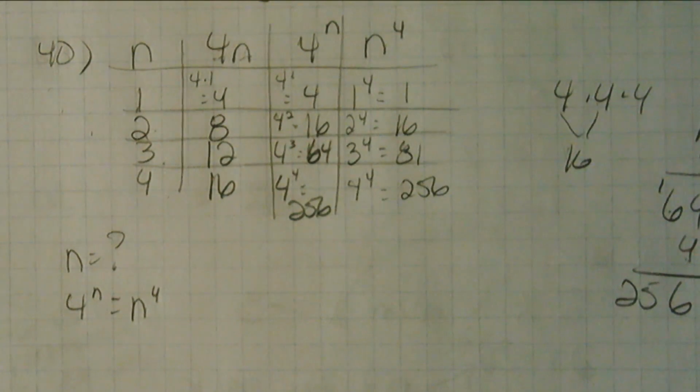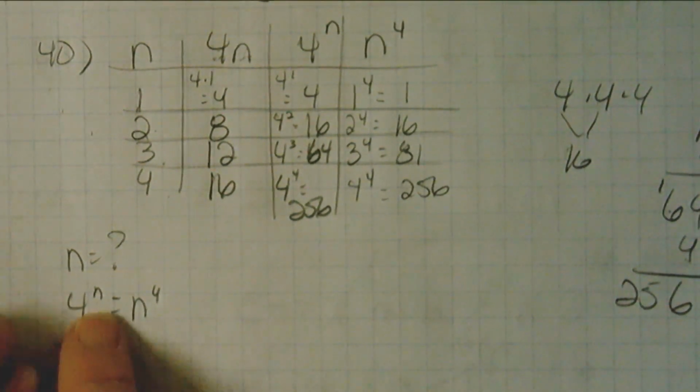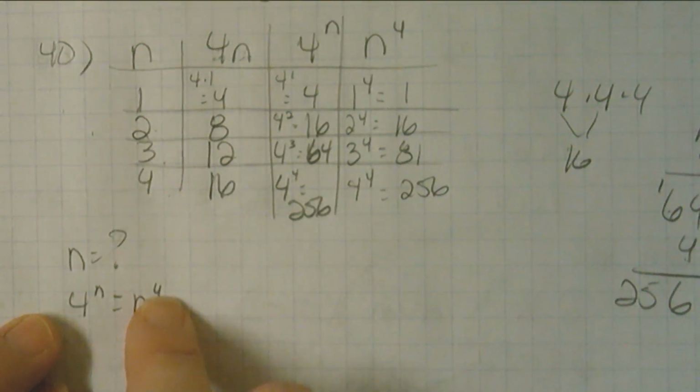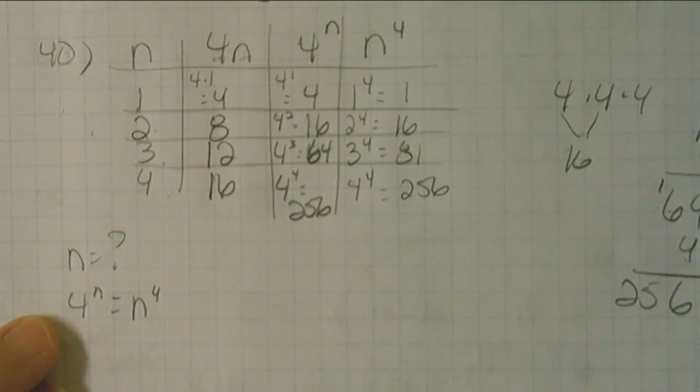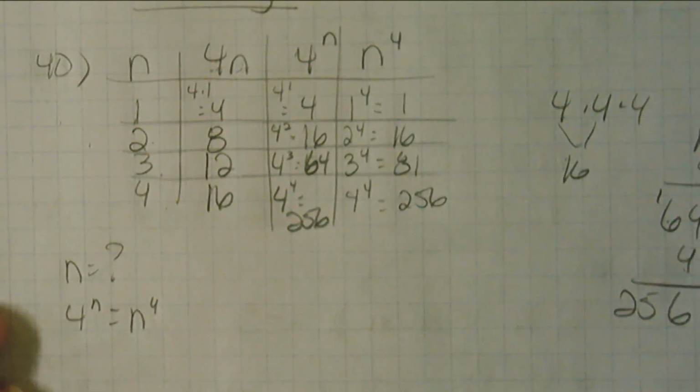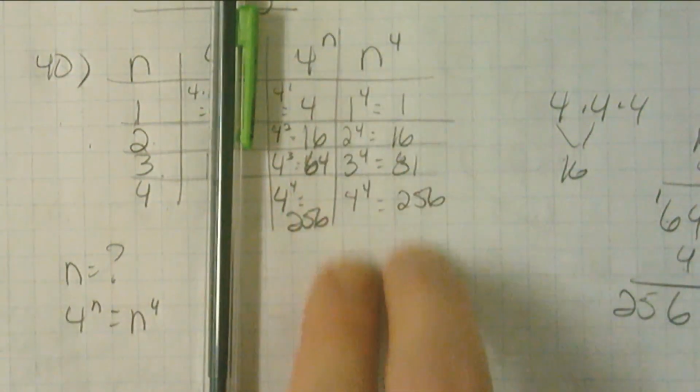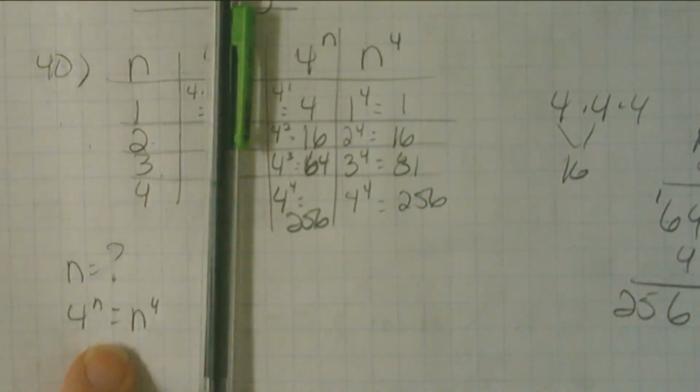So someone tell me, for what value of n is 4 to the nth power the same as n to the fourth power? Okay, so what you're doing is you're looking at these two columns. And you are seeing when they are equal.